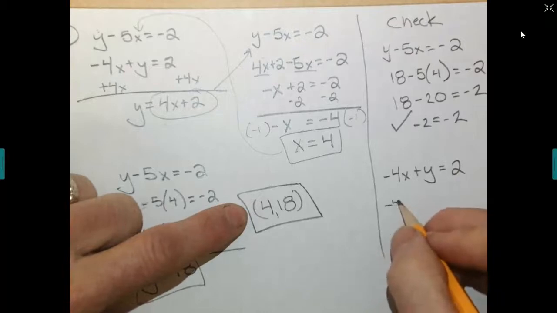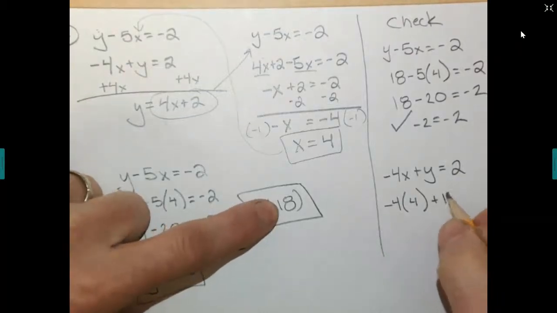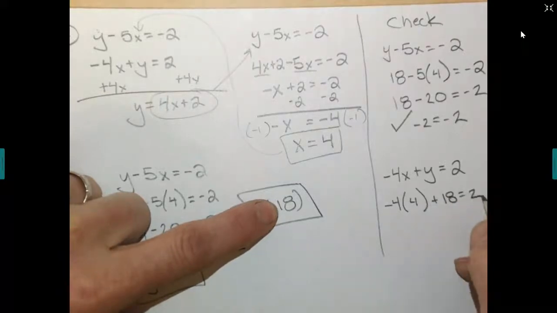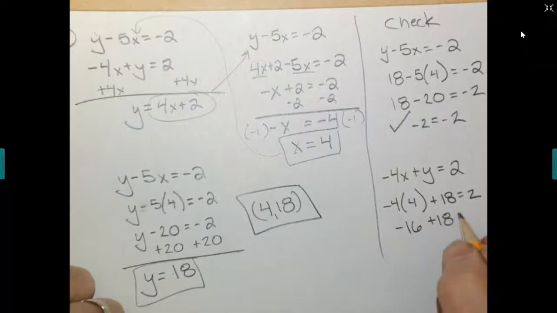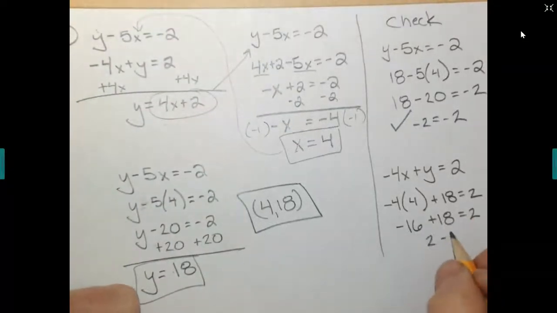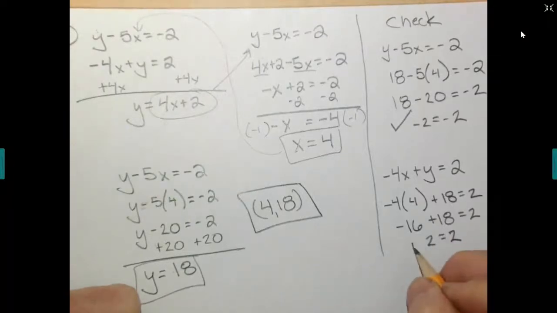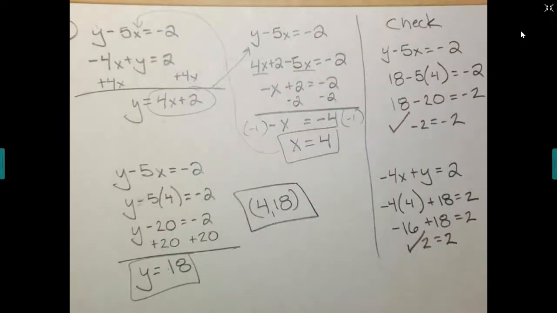So negative 4 times 4 plus 18 equals 2. Negative 16 plus 18 is 2. So that checks out. Perfect. Number 17, positive. Need some help.